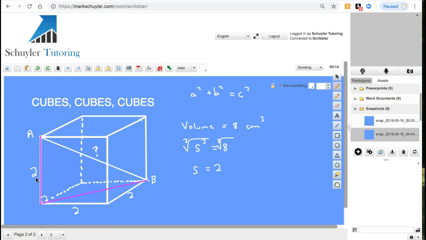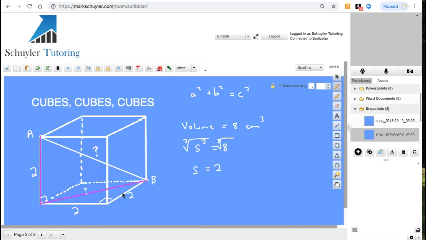This is probably enough to label just 3 of the sides like this. So we know one of the legs of the purple right triangle, but we don't yet know this little leg down here until you see that there is another right triangle on the base of the cube. Do you see it here?